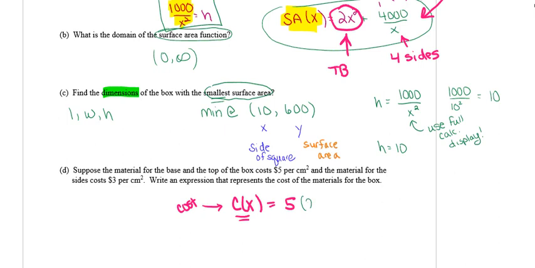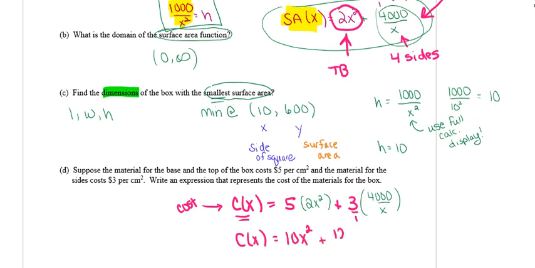Well, area of the top and bottom is 2x squared, plus $3 a square centimeter for the sides. The sides are 4,000 divided by x. So in simplest form now, our cost in terms of x is 10x squared plus 12,000 divided by x.